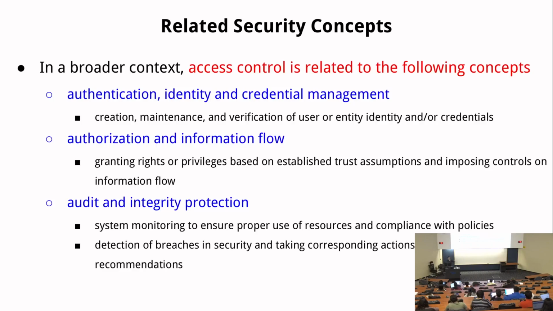But access control is more about the runtime enforcement of that authorization policy, to really check at runtime if a subject has the permission to do something. Whether that subject has the permission is specified beforehand in authorization.